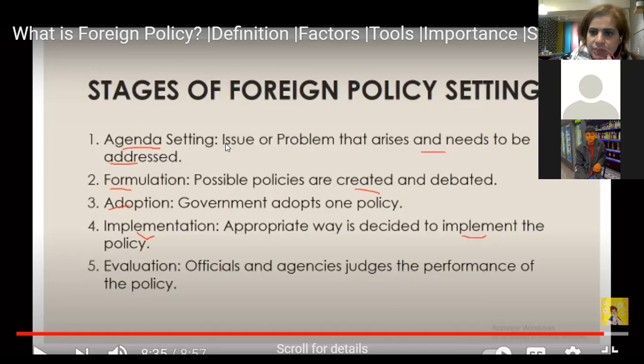Or an organization, for example the UN, has a certain policy they want to go by. In the formulation they debate and discuss which one is better, which one is worse, which one is more effective, which one is more practical, which one is not that great, let's move on to another one.